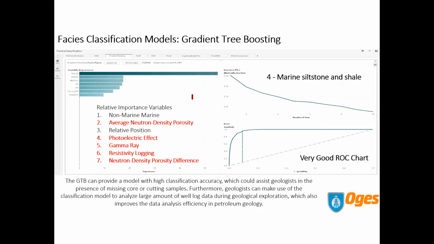And one of the things I want to draw your attention to is this ROC chart. I think it's the receiver operating characteristic, if you have to know what it means. But essentially, it's a chart that displays the ability of a model to avoid false positive and false negative classifications.